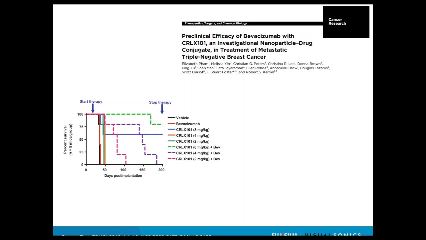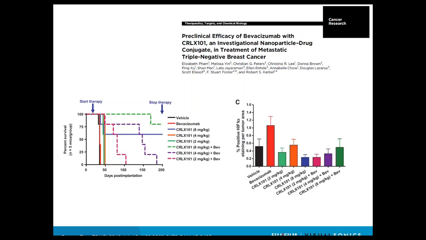And most of the paper, or a lot of the paper, is survival groups, survival graphs for different treatment groups, and studying the effects of these 2 chemotherapeutic agents. But they're also looking into some mechanistic data.